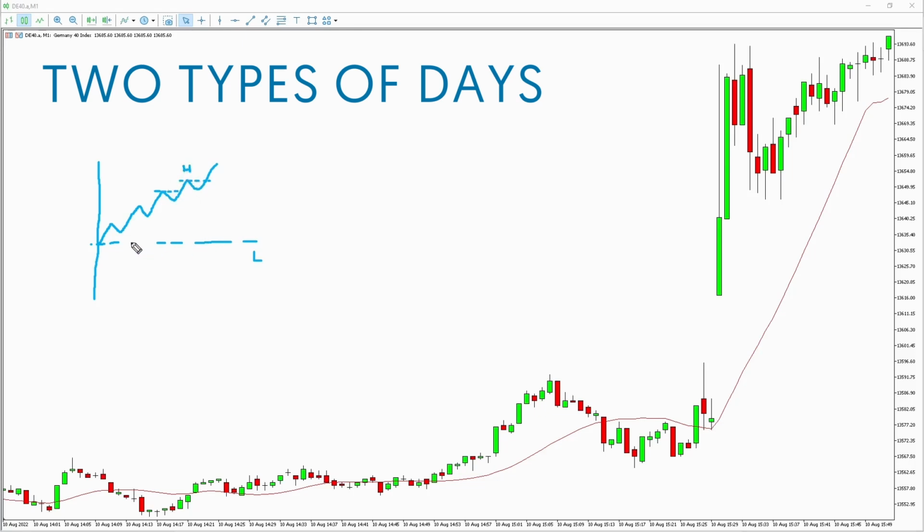On the other hand, this low of the day that is here, since the price went very far away from it and the low is not very recent, it started here, so a lot of time passed since the low of the day was created, different than here, since the high of the day is constantly being created, a new one. If at some point the price starts coming down and hits this low of the day, this is where we will tend to have some kind of reaction that we can trade.